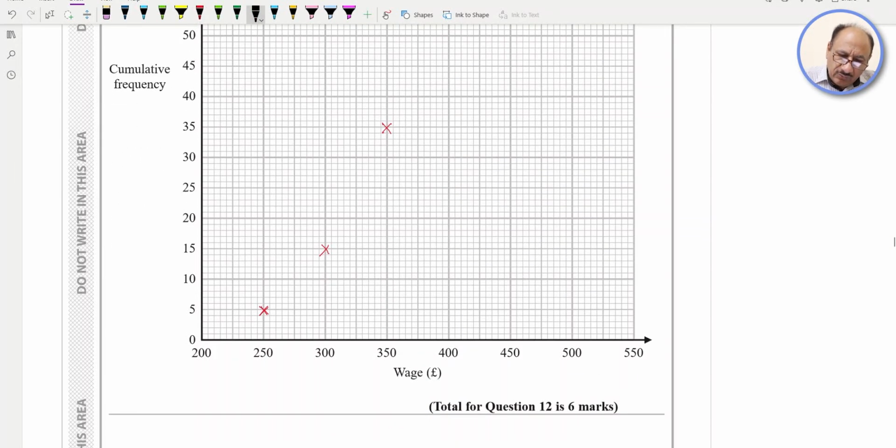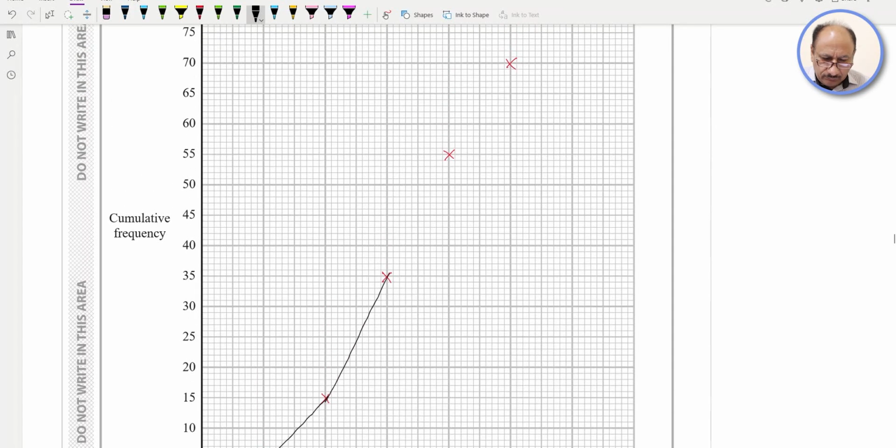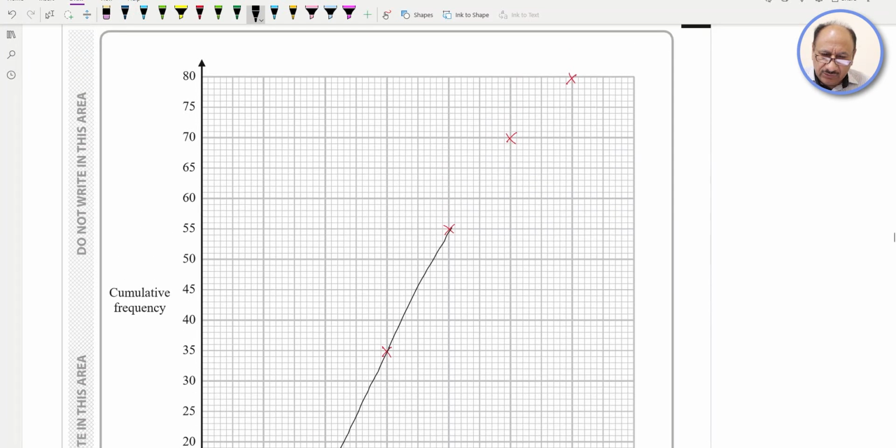For the cumulative frequency curve, we will be starting from 250 and plotting this one, and you need to draw a smoother curve like this, moving like this and curving like this, and we have to join this like this one.